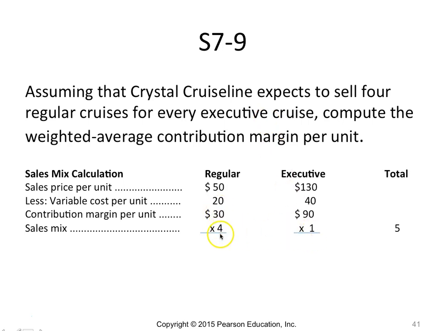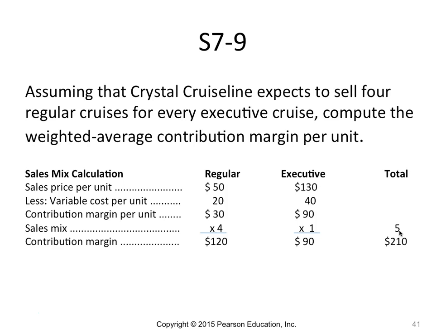I'm going to use 4 as the number of units, and 1 as a unit, and you can find out total sales and so on, and the total will be 5 here. You can do the calculation on the contribution margin, and then you can get a total of the contribution margin, and then you can get a weighted average using 210 divided by 5.